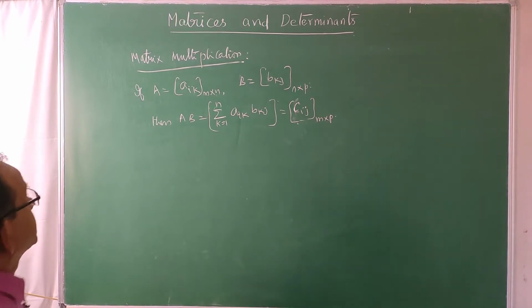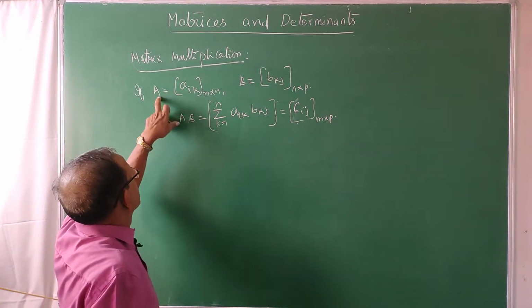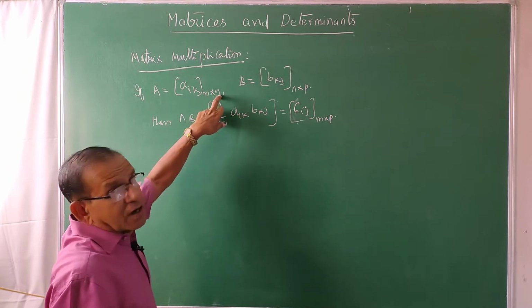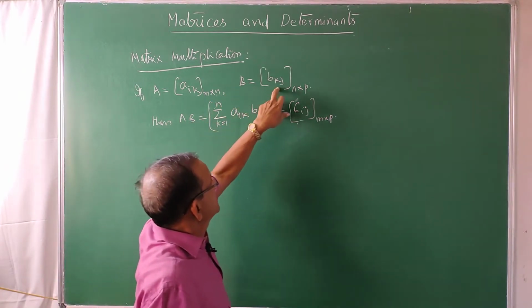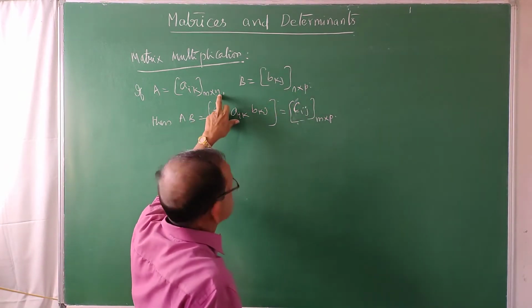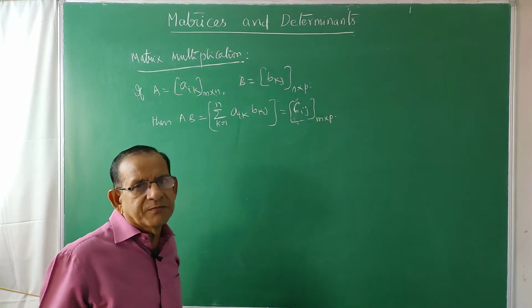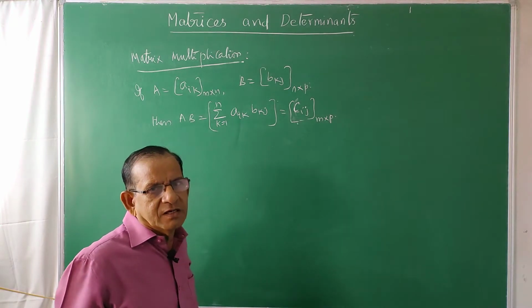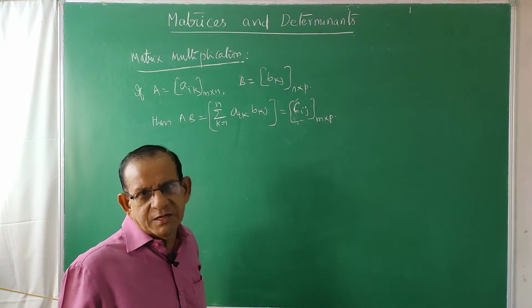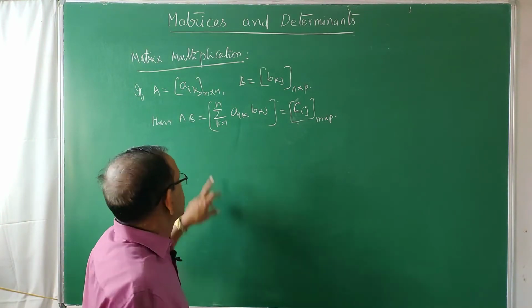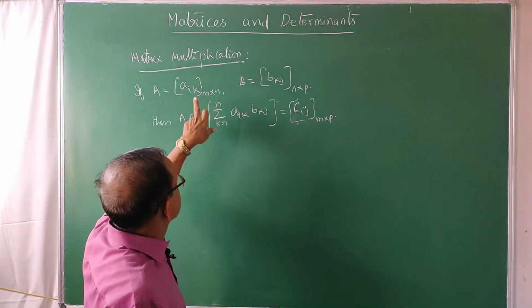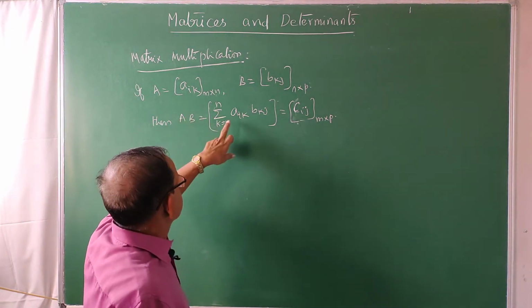Now let us talk about matrix multiplication. If A is equal to Aik of order m by n, and B is Bkj of order n by p, that means the number of columns in A must be equal to the number of rows in B. Then only you can multiply those two, otherwise multiplication is not defined. Then the product of those two is as follows.